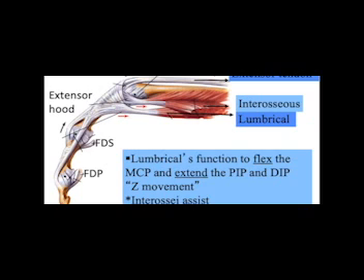But since it's connected to the extensor hood, as the lumbrical contracts, it will also tension the extensor hood, which means that your distal and proximal interphalangeal joints will go into extension. I hope that makes sense. So as a result, you have this movement where there is flexion of the MCP joint and extension of the PIP and DIP joints, which resembles the shape of the letter Z as you do it with your arm.